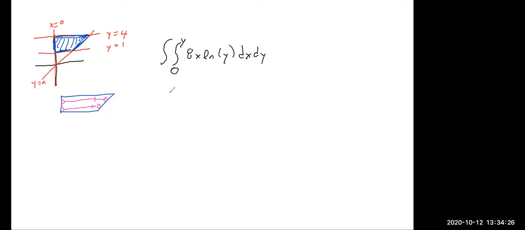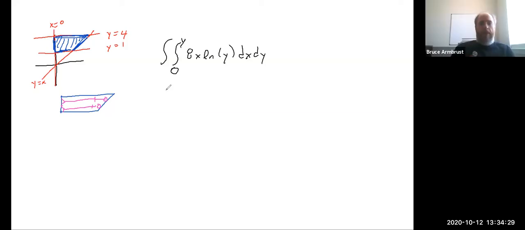So we'll put a y right there. And then in terms of the y bounds, how far he's walking, he's going from y equals 1, and he's going to walk his way up until he hits y equals 4. All right, so there you go.